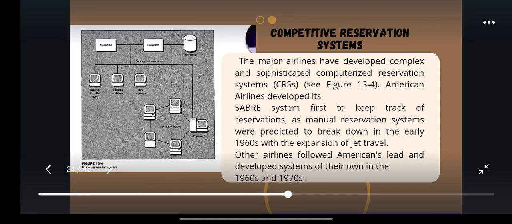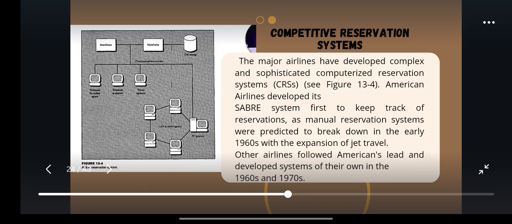Beside is the figure of a reservation system. So, competitive reservation systems. The major airlines have developed complex and sophisticated computerized reservation systems, or the CRS. You can see in Figure 13-4.